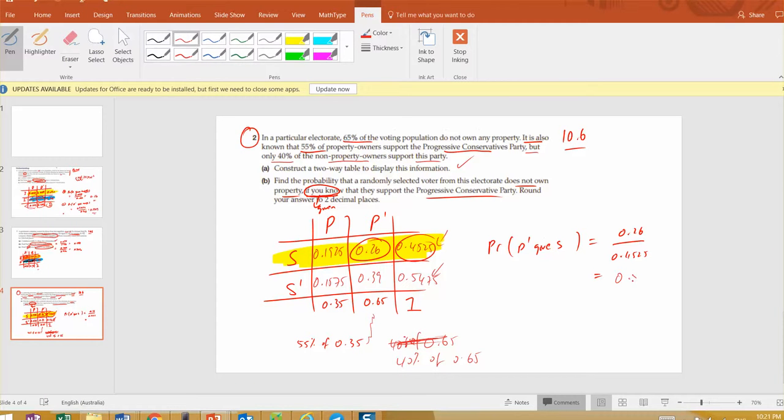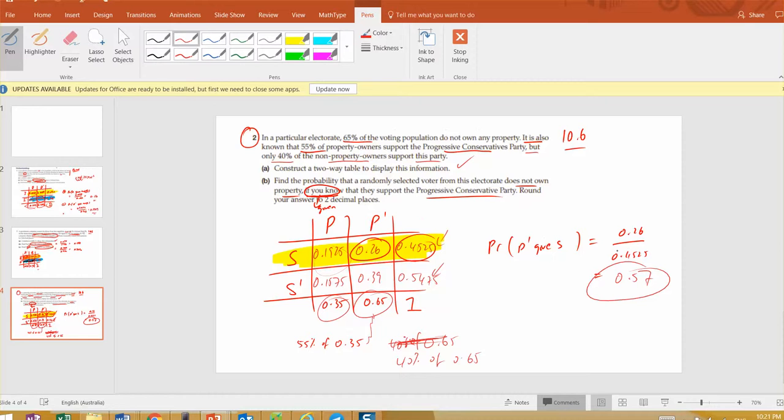And we're done. So the key was you needed to draw the table, identify your given values, and take percentages of those values to work out the other boxes, and the rest is easy because you're just adding and subtracting to get the rest of the table. Obviously there's a conditional probability component.